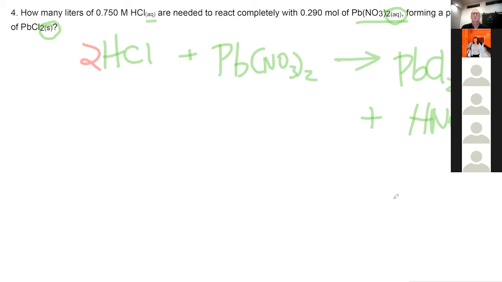So where are we going to put the 2 to balance the nitrate? On the product side. On which one? HNO3. Right. So that's our balanced equation.